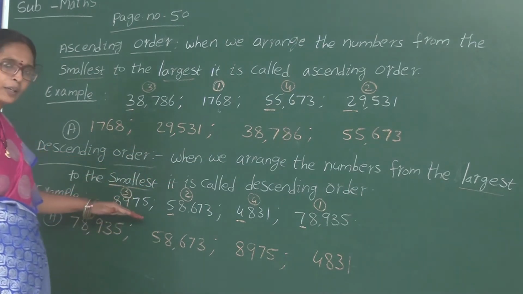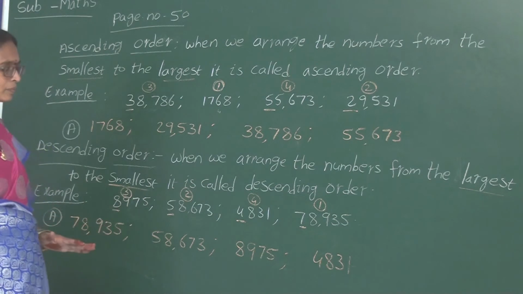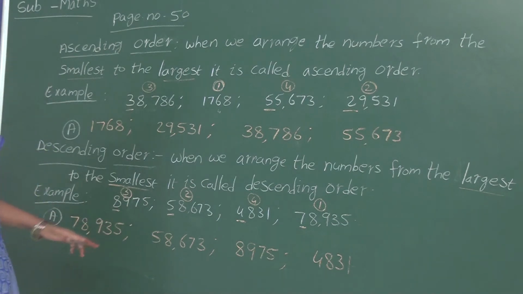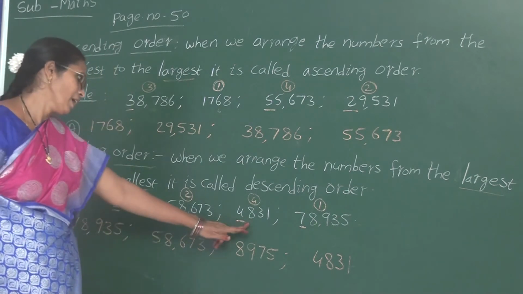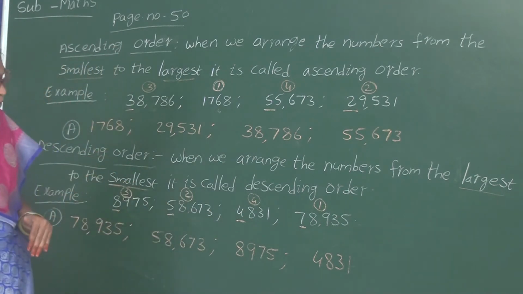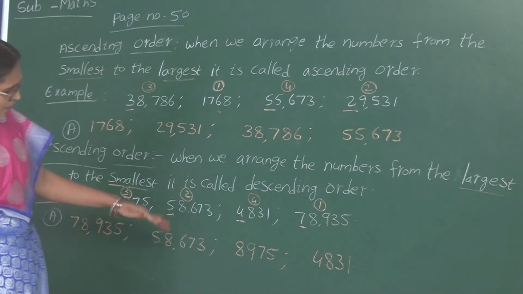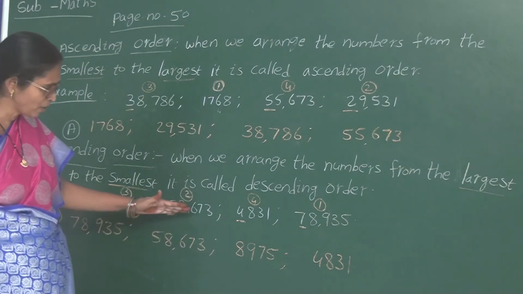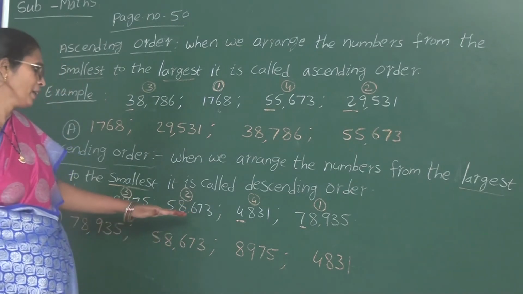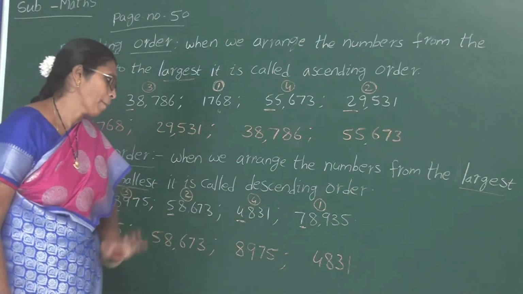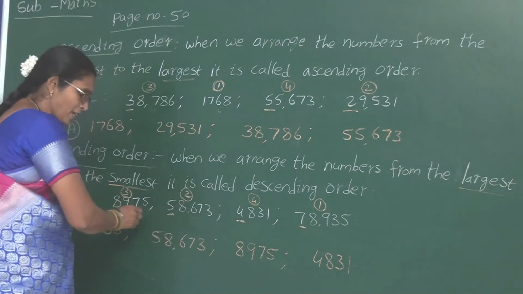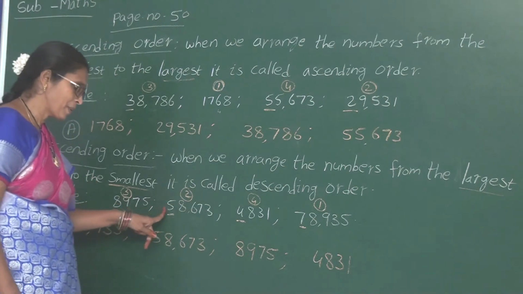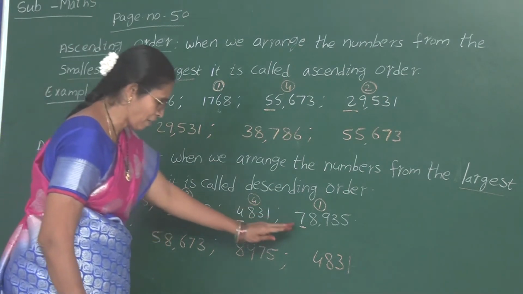So here in this question, descending order means largest to smallest. First of all, count the digits. These two numbers have 5 digits and these two numbers have 4 digits. Between 4 digits and 5 digits, the greatest is the 5-digit one. So these two you have to compare. In these two 5-digit numbers, the first digit on the left is 5 and 7.